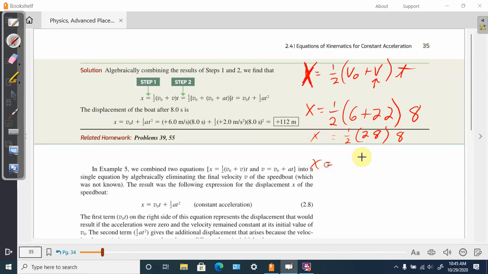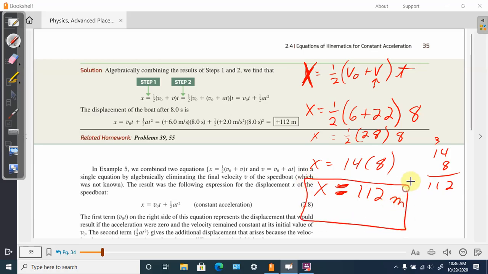So x is equal to 14 times 8. And therefore x will equal approximately, because let's see, 14, 8, 2, carry my 3, 1, 1, 2, so there it is, 112 meters. Okay, that's how you do that sort of a problem.